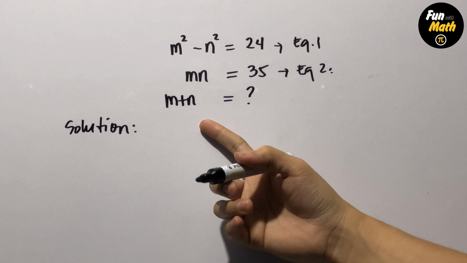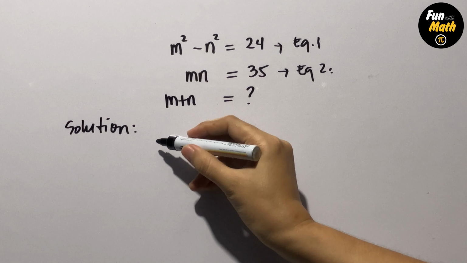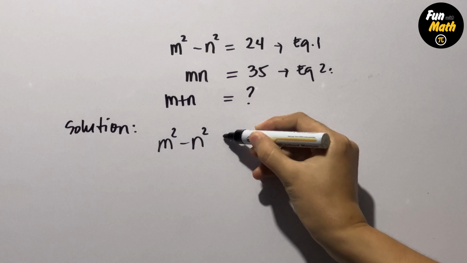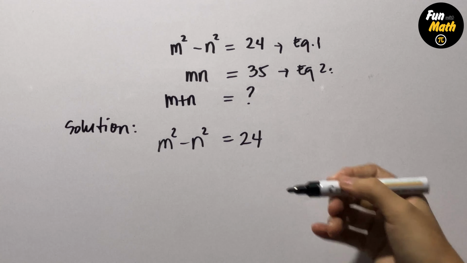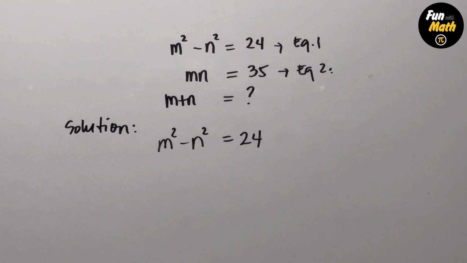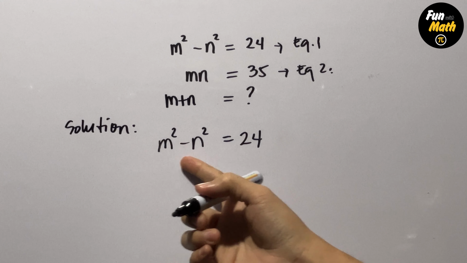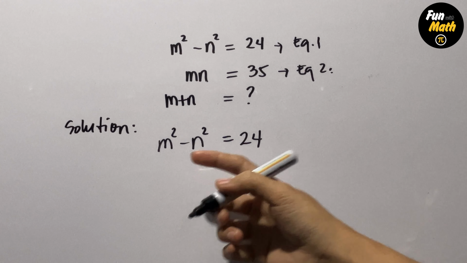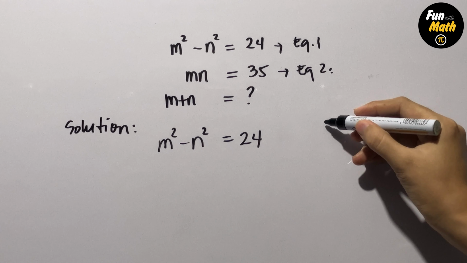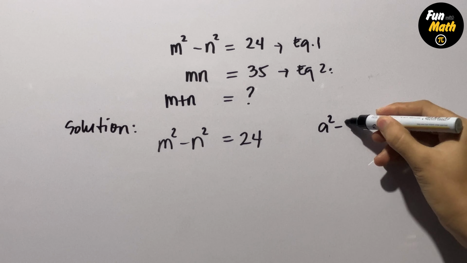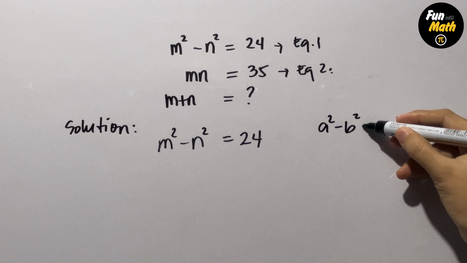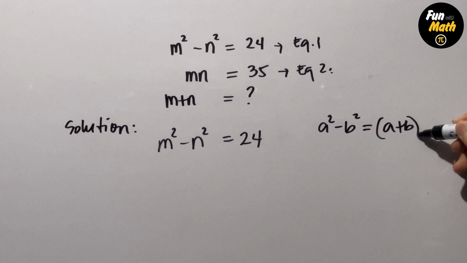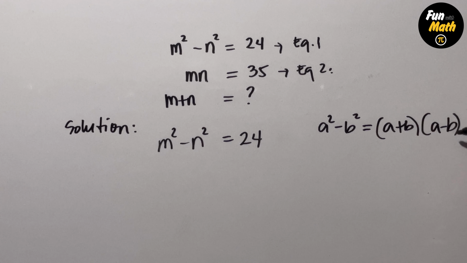Now first, let's bring down equation 1. That is m squared minus n squared equals 24. Now, if you observe this part, this is an identity. So we have the rule, an identity a squared minus b squared is also equal to a plus b times a minus b.